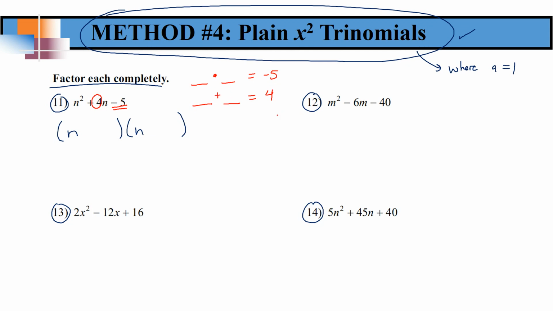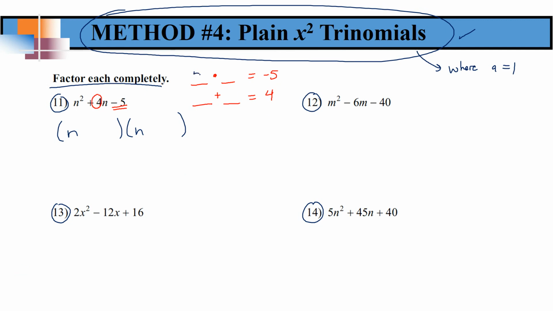So make sure you've written these blanks out to the side. That's what happens when you do first, the outer and the inner pieces get added together to give us 4 in the middle. And then the L of FOIL is what gives us that -5 at the end. So we're looking for 2 numbers that multiply to give us -5 and add up to give us +4.